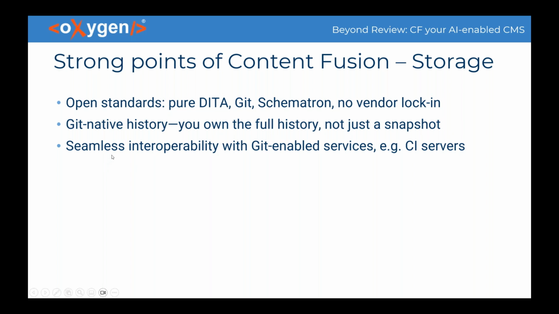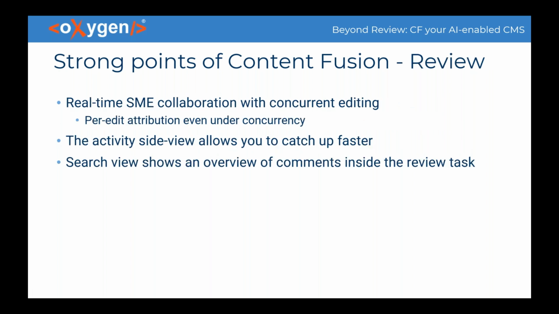And another advantage of using Git as storage is that Content Fusion is interoperable with other Git-enabled services like continuous integration services and quality checkers that work with GitHub and so on.